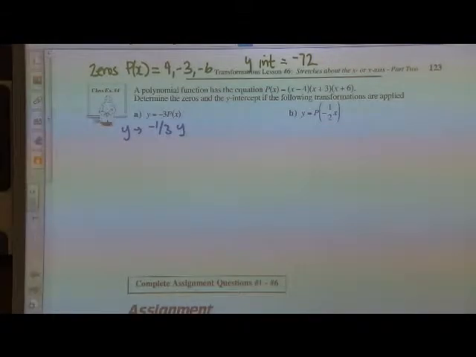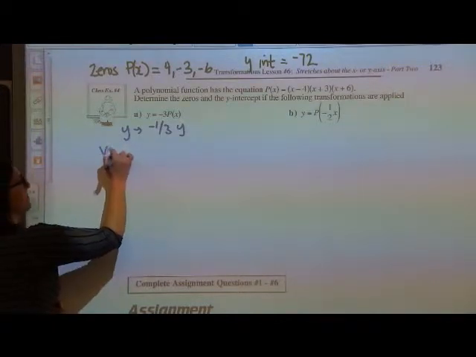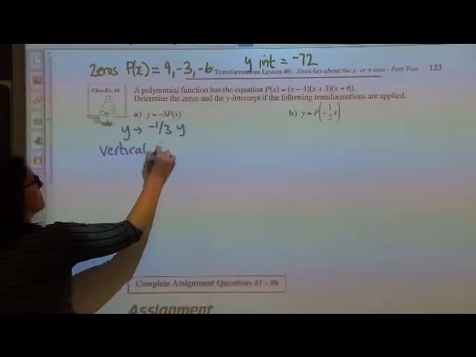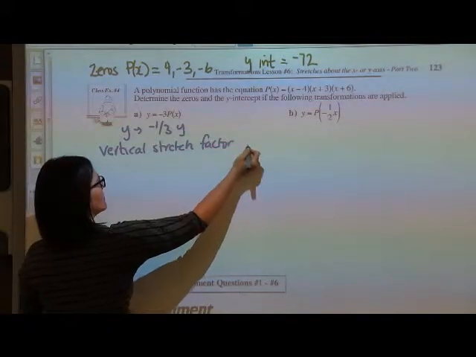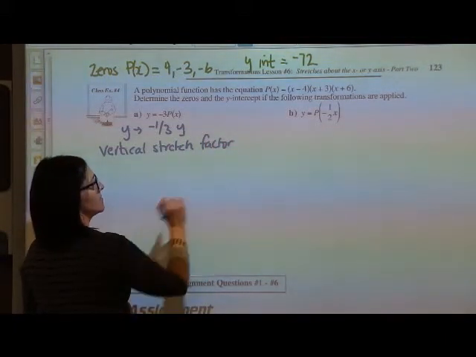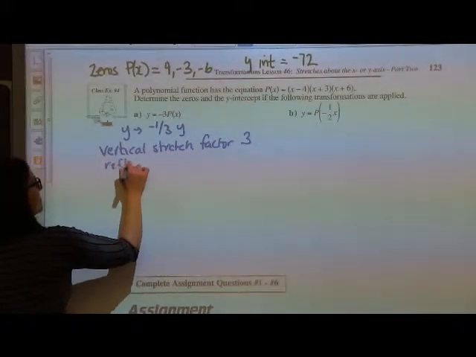What am I doing to the equation? Vertical stretch by a factor of 3. Is that all I'm doing? Reflecting it in the x-axis.